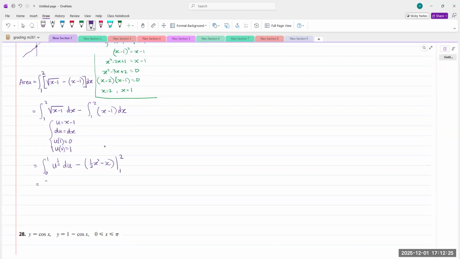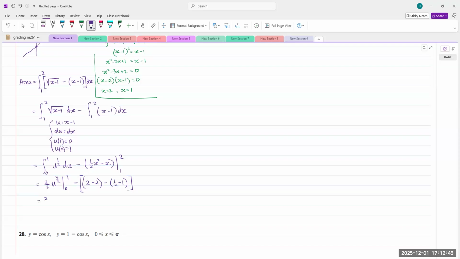This is 2 over 3 u to the 3/2, from 0 to 1. For the second part, when x equals 2, that's 2 minus 2, and when x equals 1, that's 1/2 minus 1.